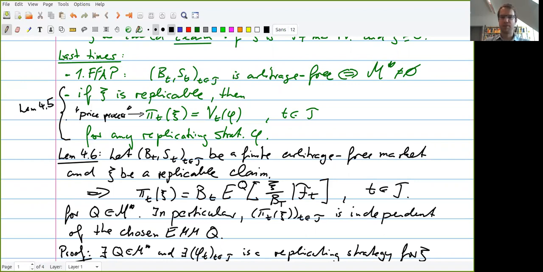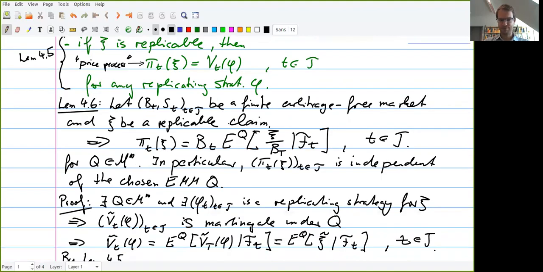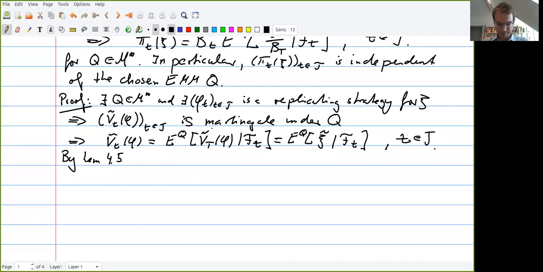If we have a replicable option psi, the price process is given by the value process of any replicating strategy. So this means, I consider the price process. This is given in particular by the value process with respect to this replicating trading strategy phi.